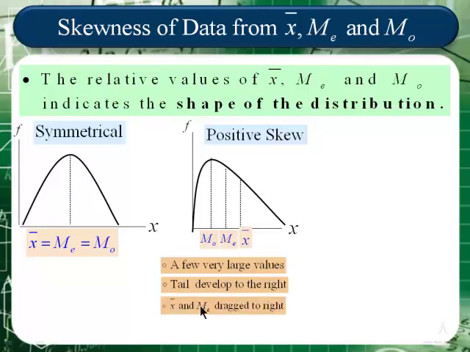The mean and the median are dragged towards the right, and this is the sequence. The median obviously is the middle value. The median in this case is less than the mean, but the mode is less than the median, or the median is greater than the mode. It depends in which direction you want to read this. So this is positively skewed.